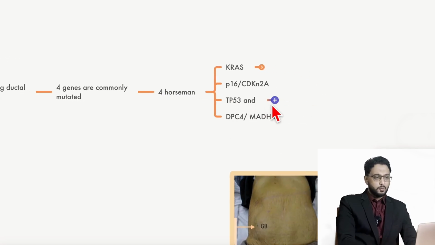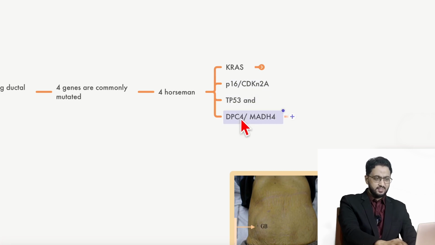If they ask you the four horsemen related to pancreatic cancer, just remember these names. Some of you might know this. We studied these genes when we discussed tumor suppressor genes and proto-oncogenes. I'm not going into details of that in general pathology. So the four horsemen: KRAS, P16, related to that is CDKN2A, and then the very common TP53.